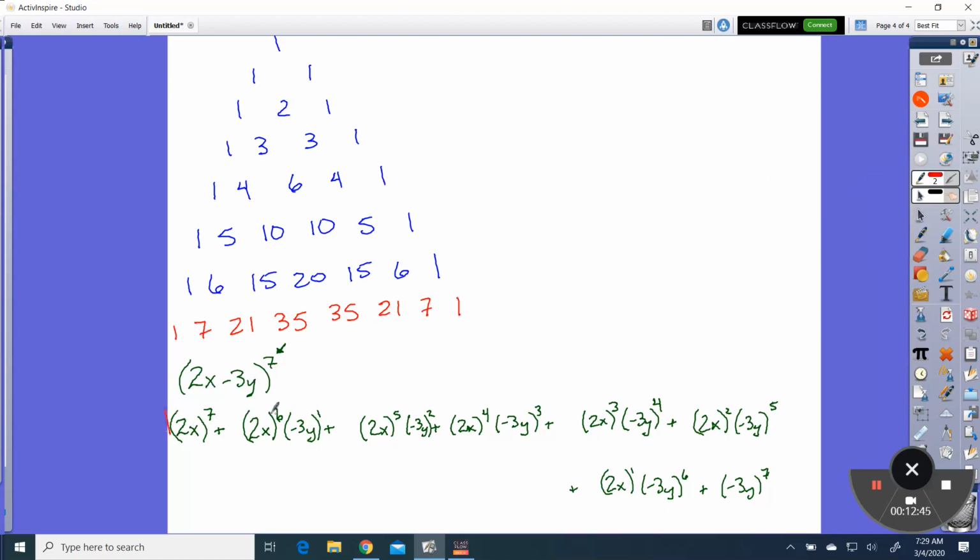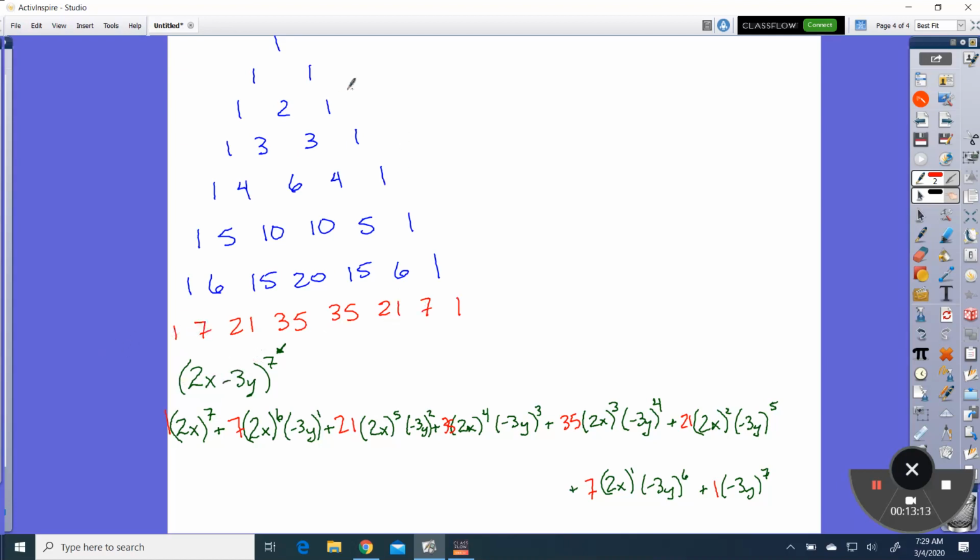So there's going to be a 1, a 7, a 21, a 35, another 35, a 21, a 7, and a 1. So those red numbers come off of Pascal's triangle, and it's that whole row.